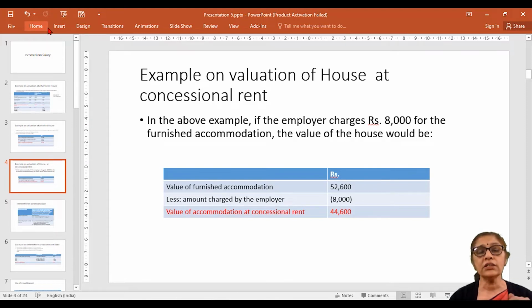But for this, the employee pays 8,000. So a benefit worth 52,600 gets reduced by 8,000 because 8,000 is something that you have paid. So that's not a benefit. So less amount charged by employer 8,000 and therefore value of accommodation at concessional rent now becomes 52,600 minus 8,000, that is 44,600.